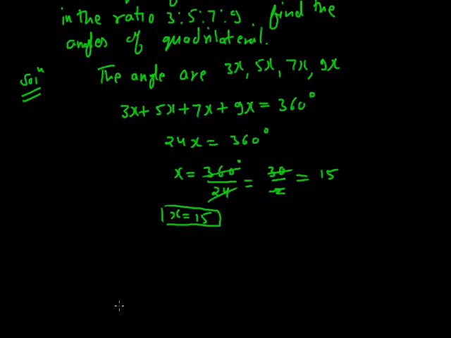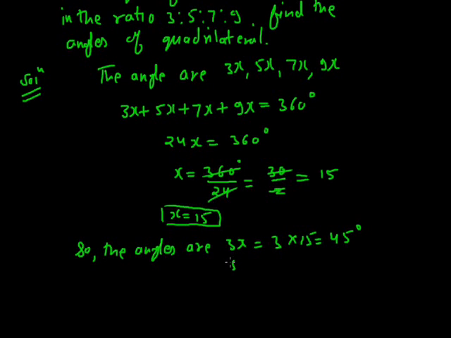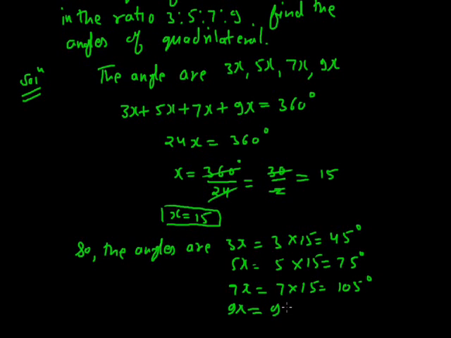So the angles are 3x, that is 3 into 15 because the value of x is 15, 45 degrees. 5x, that is 5 into 15, that is 75 degrees. 7x, that is 7 into 15, that is 105 degrees, and 9x, that is 9 into 15, that is equal to 135 degrees. So these are the four angles of the quadrilateral.